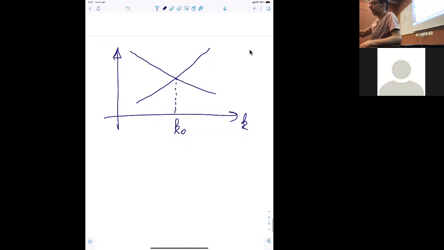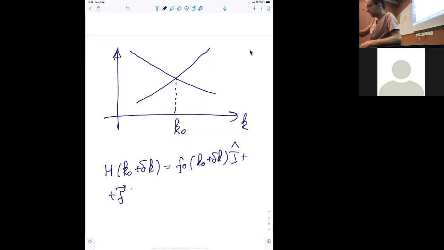If this happens, we can write a Hamiltonian that looks like this: a function of K0 plus delta K times some identity matrix plus some set of parameters times a vector of Pauli matrices.